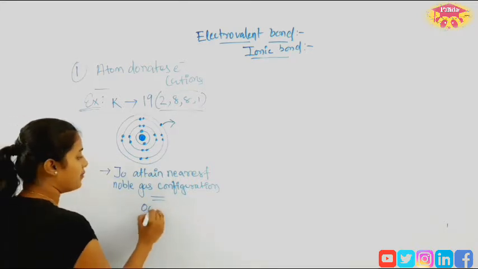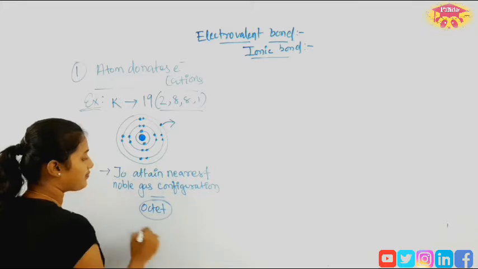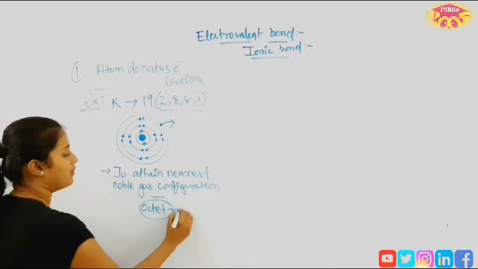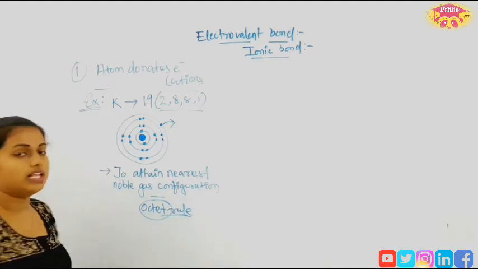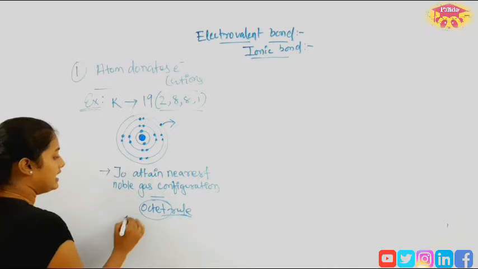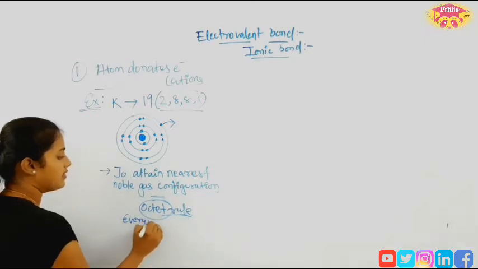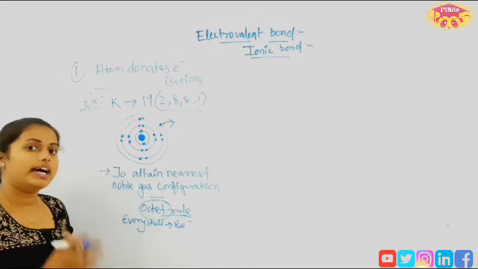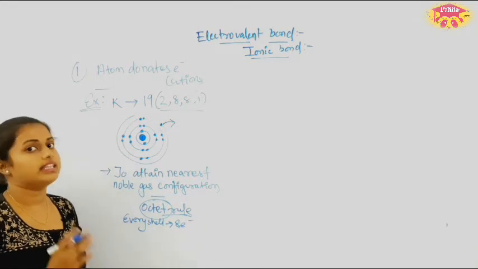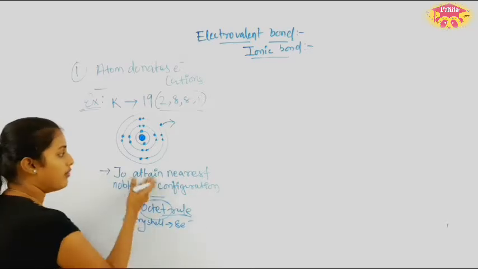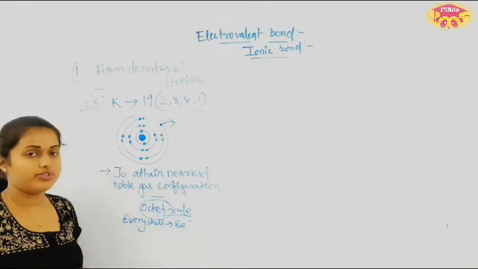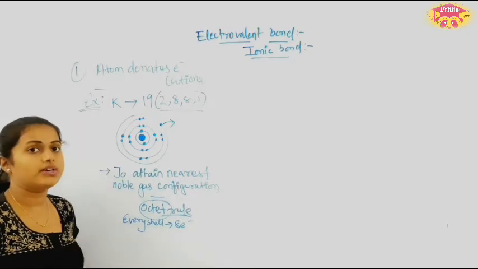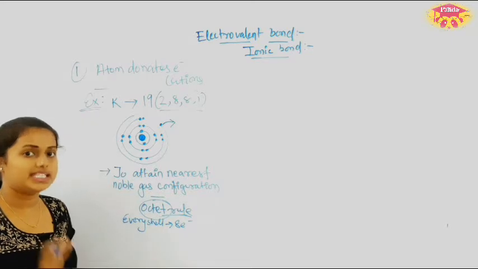It means they want to fill up their shells with the octet rule, that is, the outermost shell should contain 8 electrons. If the shell contains 8 electrons, then they are stable. They want to attain the nearest inert gas configuration because they are stable atoms. So these atoms donate electrons or accept electrons to attain stability.